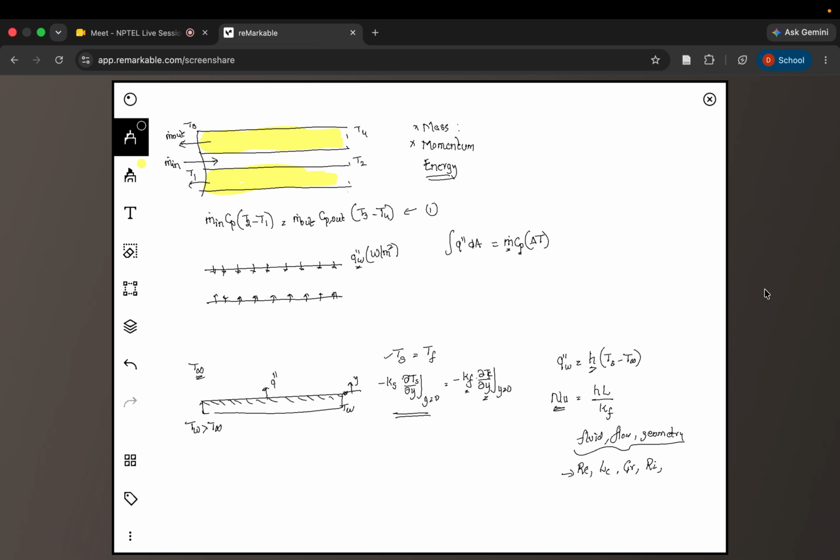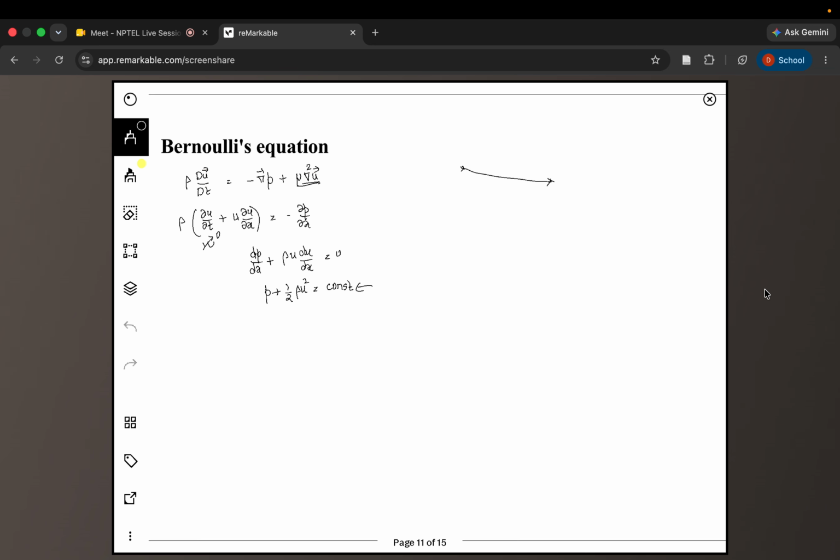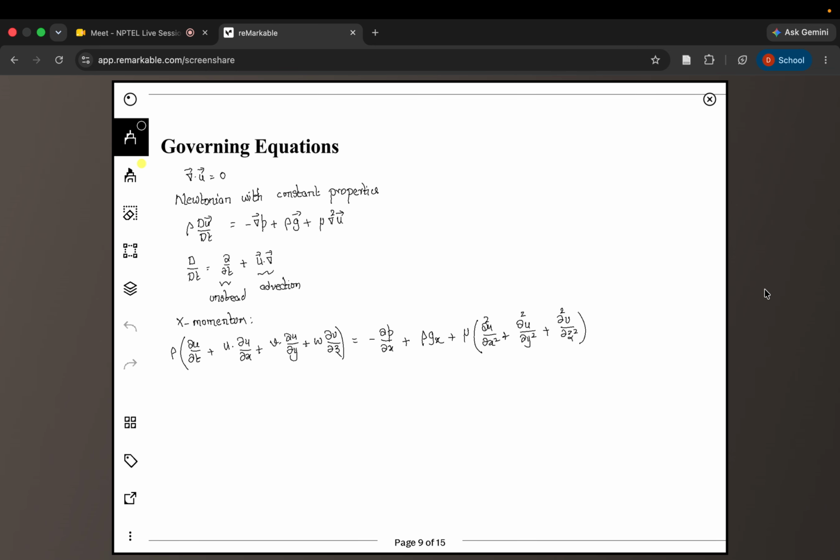And then, I think I missed out on another important point. When we discuss the governing equations, we should also be discussing the various kinds of boundary conditions. These are very similar to what you would be doing in your partial differential equations.